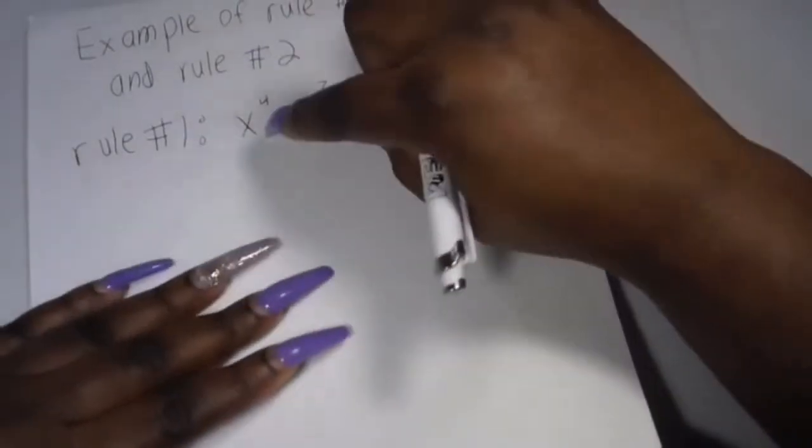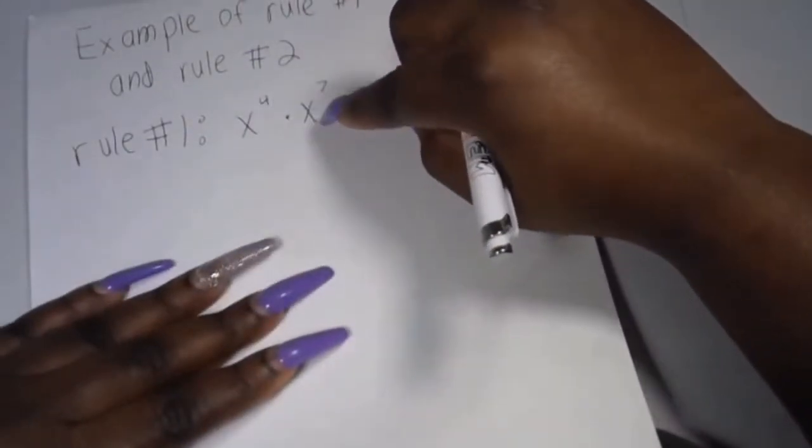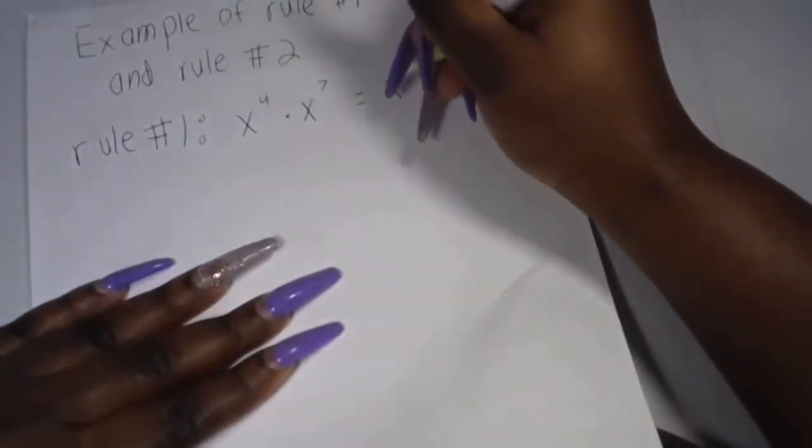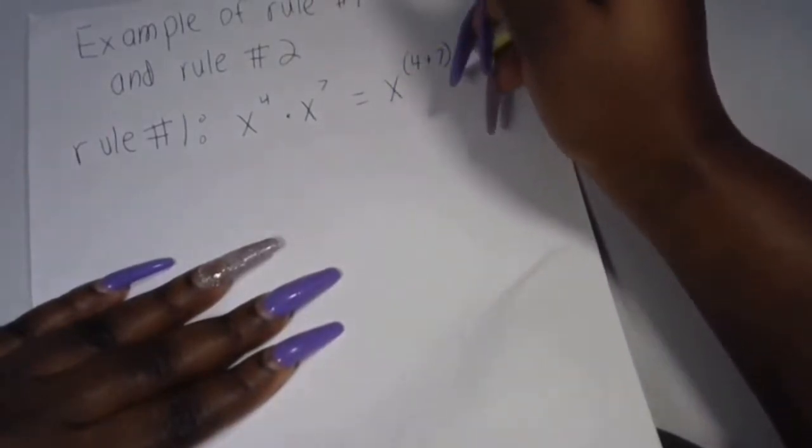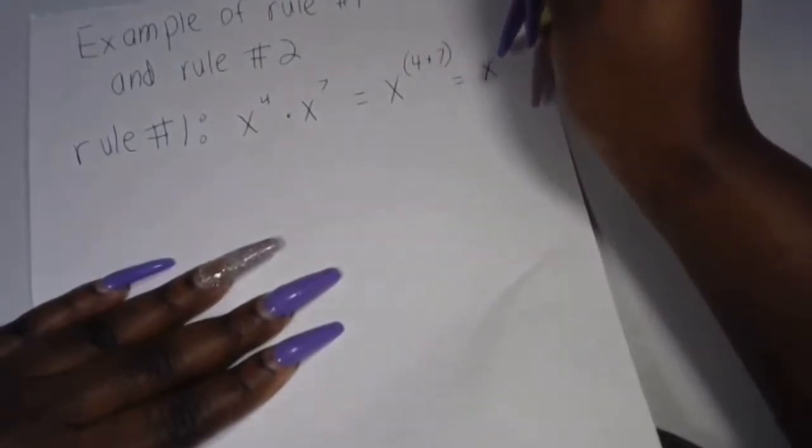So x to the 4th times x to the 7th is going to be x to the 4 plus 7, which is equal to x to the 11th.